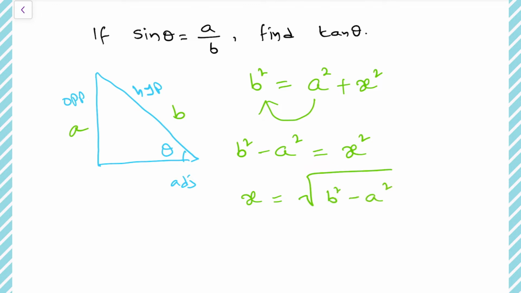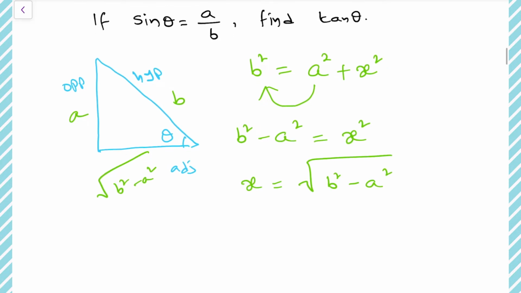So the adjacent side will be under root b square minus a square. Now in the question they are asking to find the value of tan theta. So tan theta equals opposite by adjacent. Opposite is a, divided by adjacent, which is under root b square minus a square.